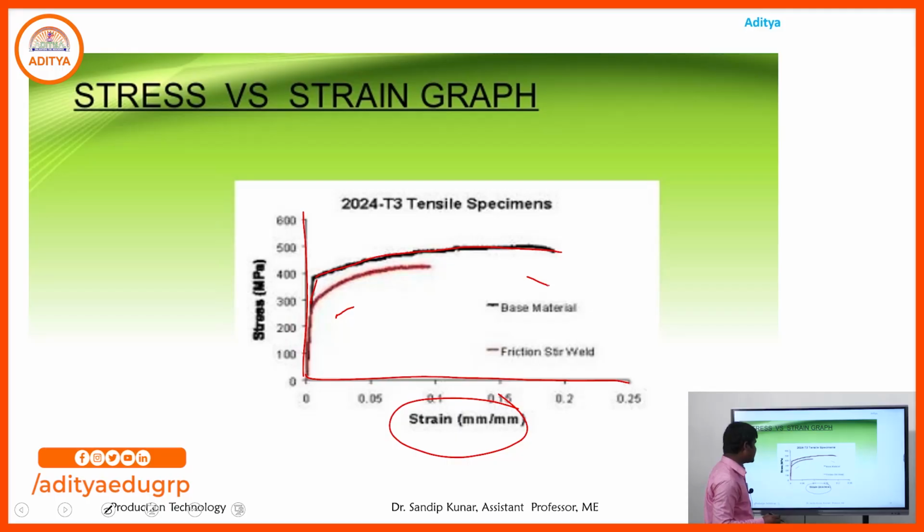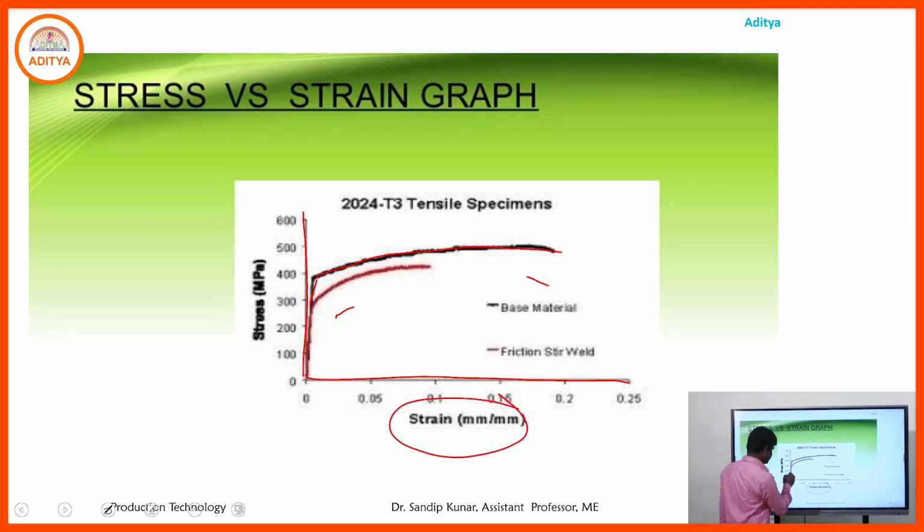In the case of the friction stir weld, the strain continuously increases, and from the origin the stress also increases very linearly.